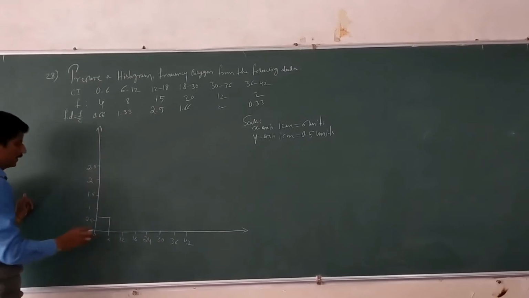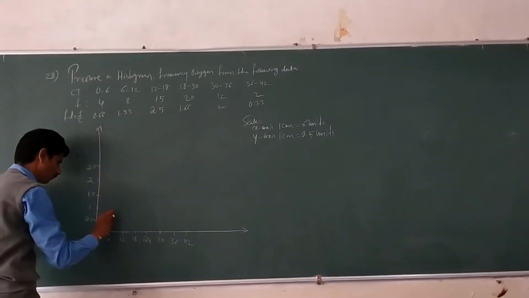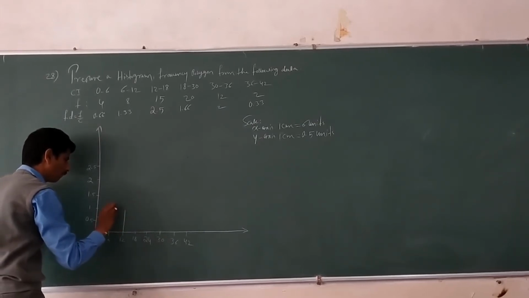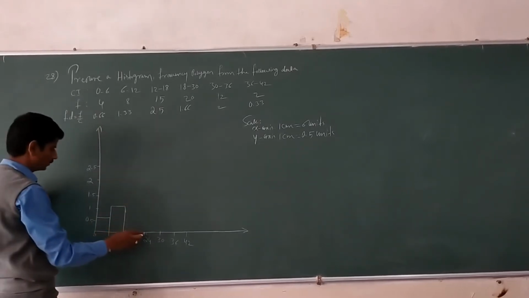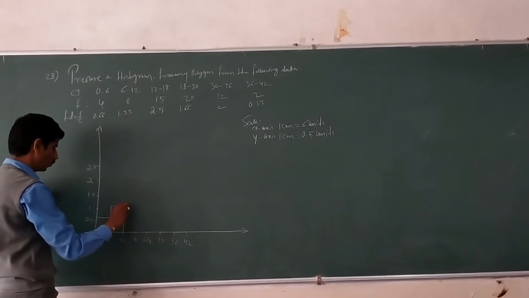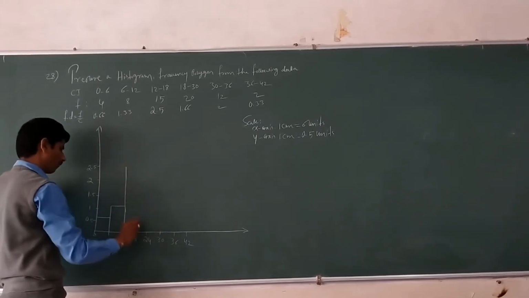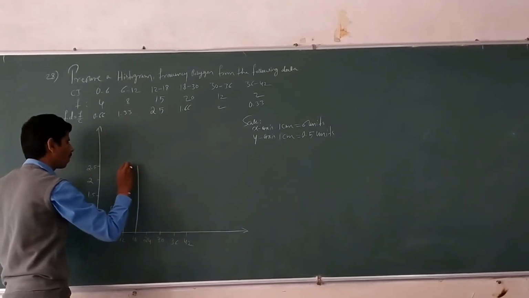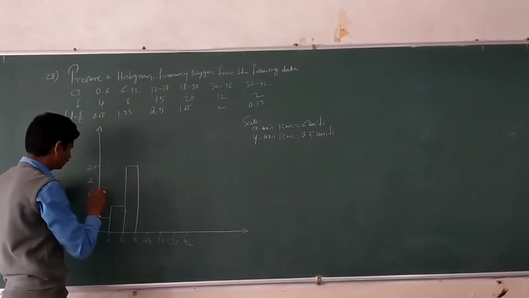The next, 6 to 12, 1.333. The next, 18 to 30, 1.66.